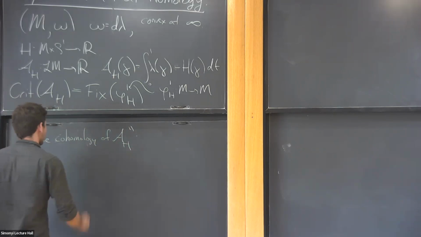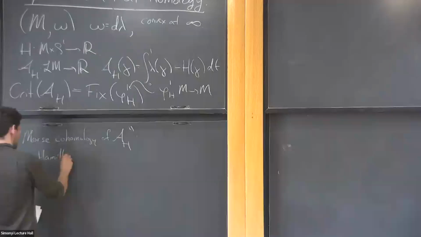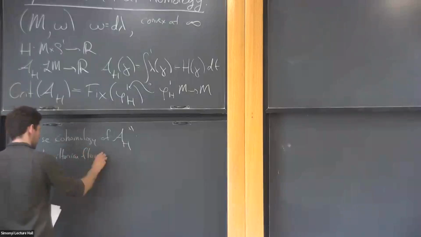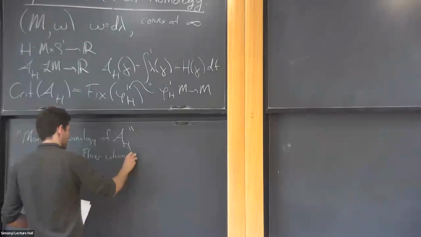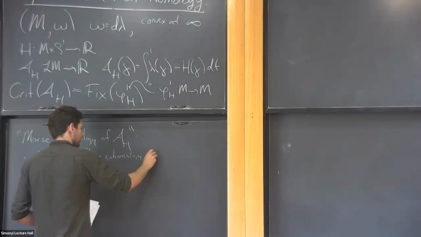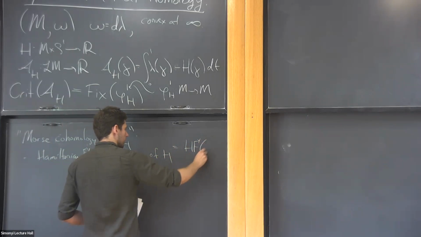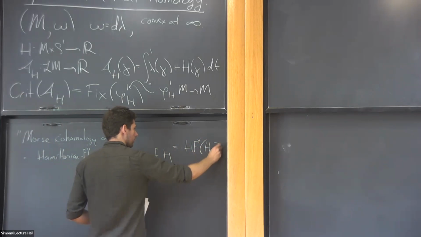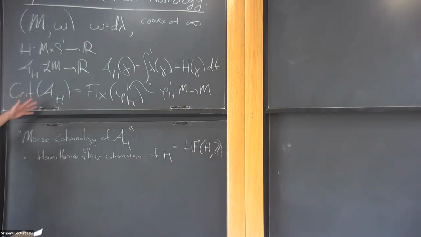But this is called the Hamiltonian Floer homology of H, and I'm going to denote it by HF star H. And you can put coefficients here if you want. But this is some homology group generated, just like in Morse theory, by the critical points with a differential counting the gradient flow lines.